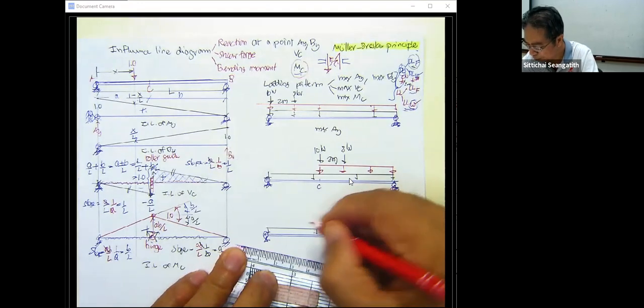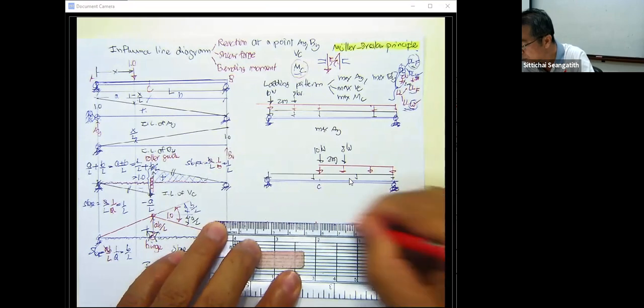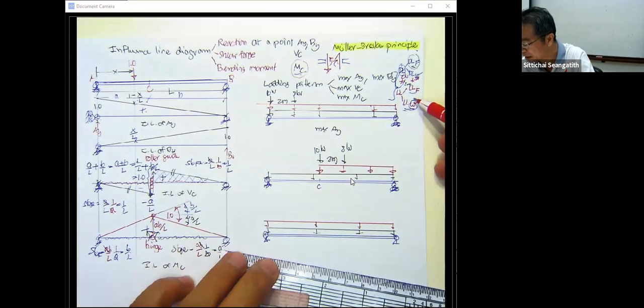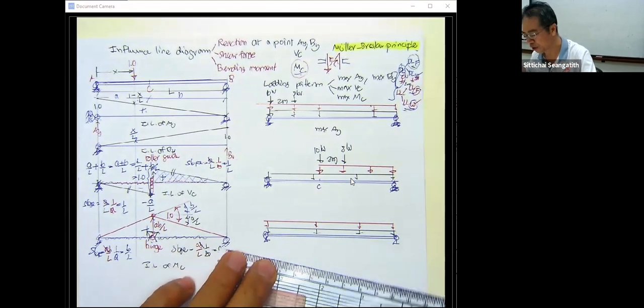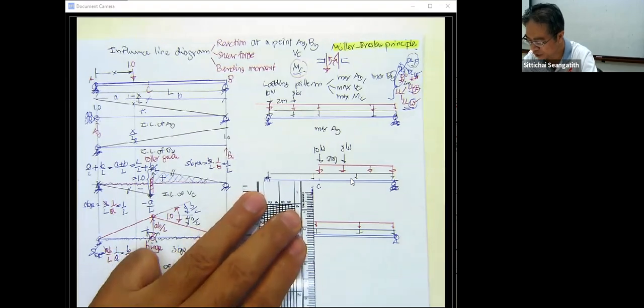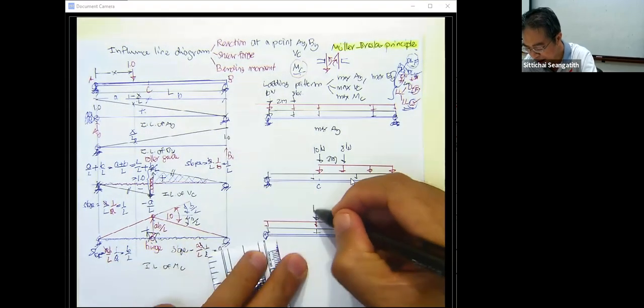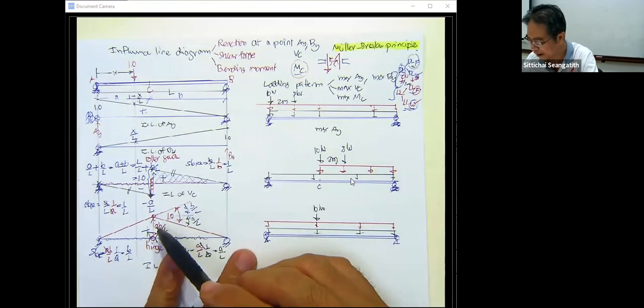What we have next is the live load that is the point load. So what is the maximum? Again, we put this one here, 10 kilonewton. And then you may select to put the 8 kilonewton.